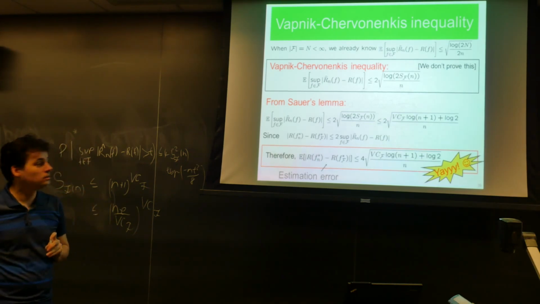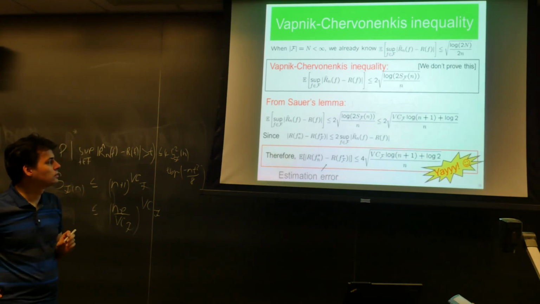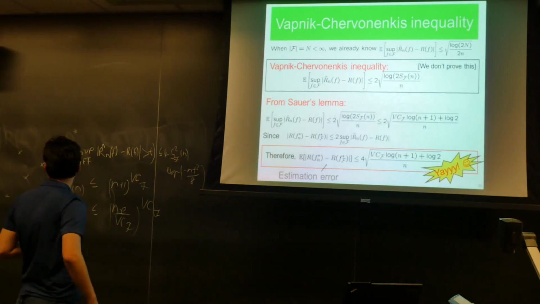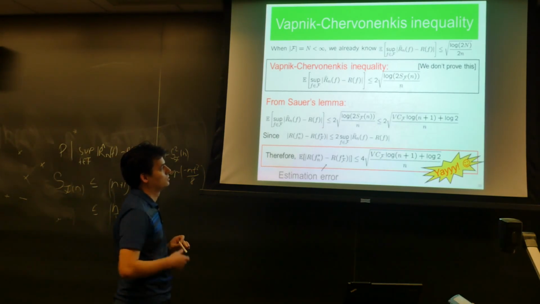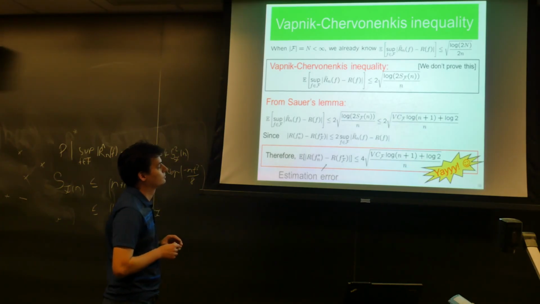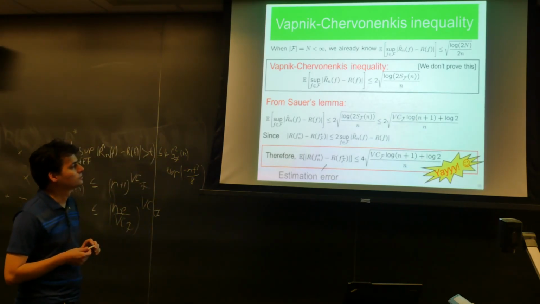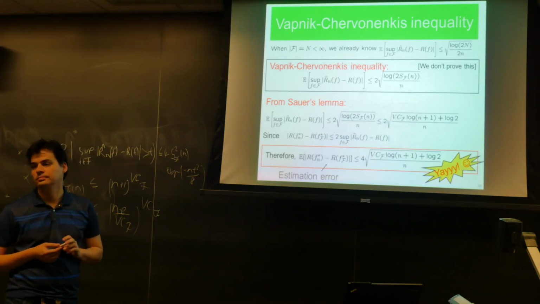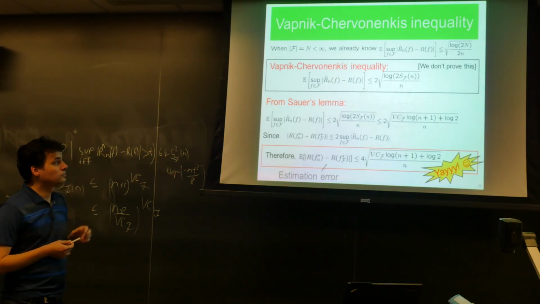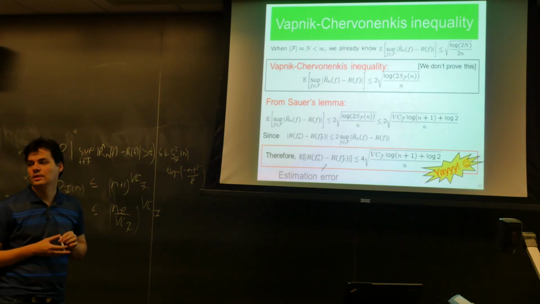Because you could have a huge set of functions, but you know that effectively on these n points you have at most S_F(n) different behaviors from your classifiers. Actually, you just have big N different functions. You cannot distinguish more behaviors than that.